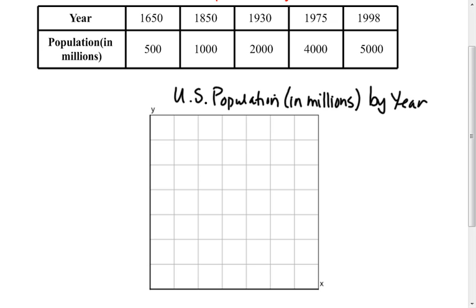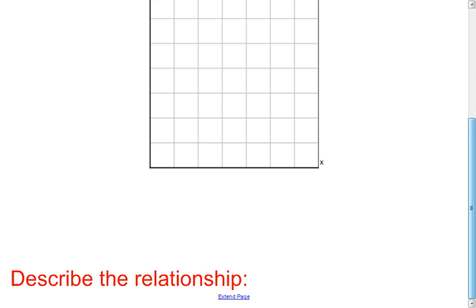All right. So again, our year is going to go on the bottom down here, and our population in millions will go on the side. Okay. And then we are going to figure out how to scale our axes.